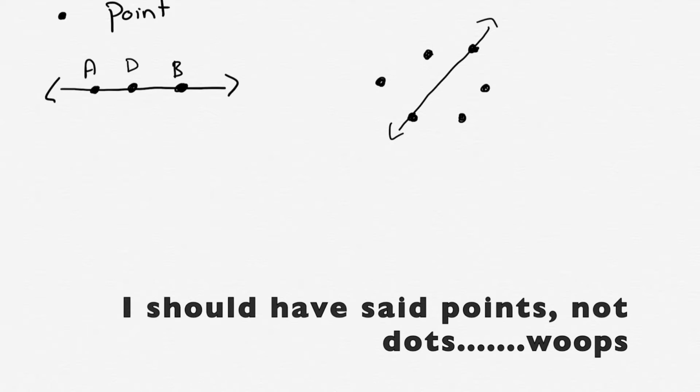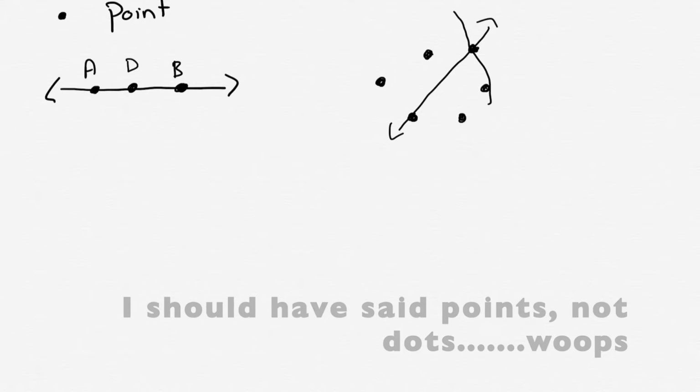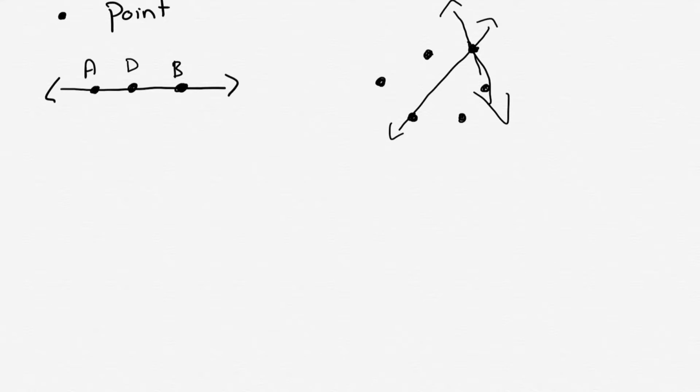The same if I pick this dot and this dot, bam. Oh, I didn't say drawing was my thing, but there's a line, okay? And this is gonna be the case through any 2 points. I could keep going, but this is what a line is.